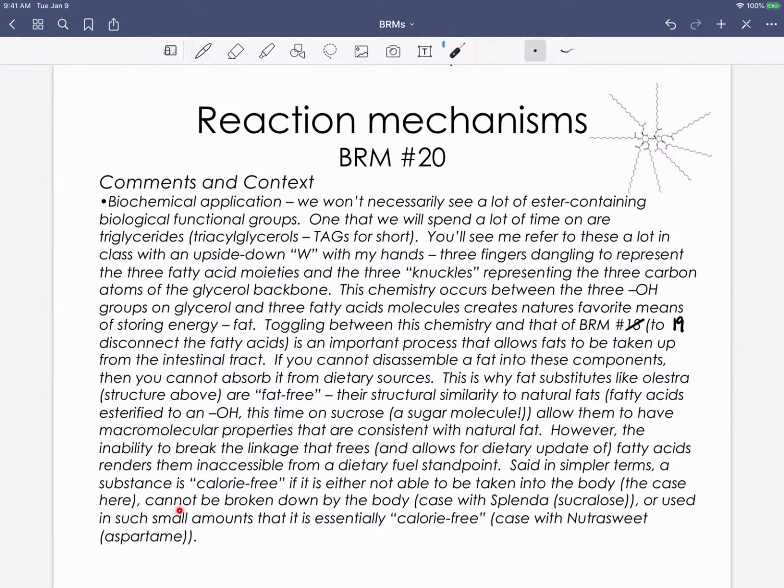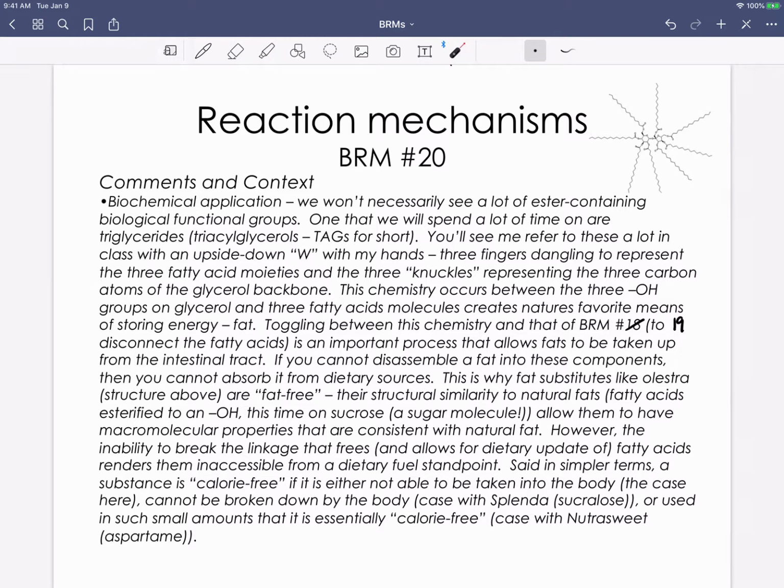Other things that might be calorie-free, and we'll talk about this with artificial sweeteners in our carbohydrates unit, if we cannot break down things in the body, as is the case that we see with sucralose or Splenda, or maybe we have such small amounts that it's basically calorie-free, like we see with NutraSweet or aspartame. This is where a lot of these synthetic sort of diet supplements have come from.